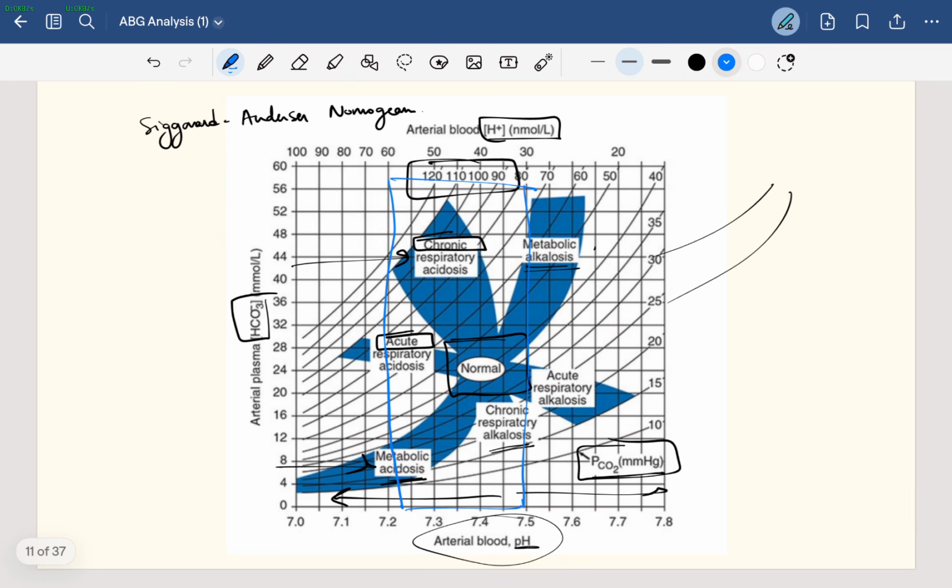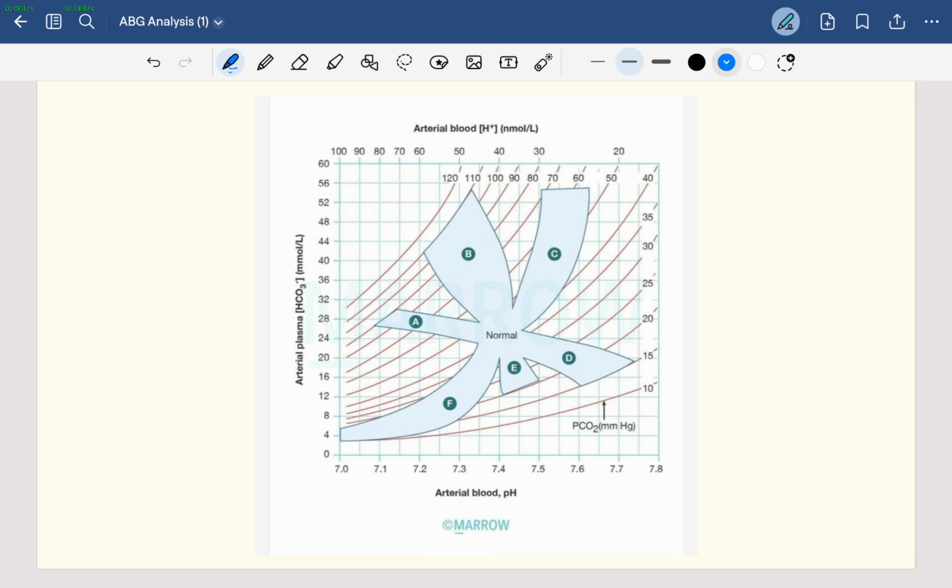So at the end of compensation, there's very little left for the body to compensate for, and it's falling very close to the normal range. Whereas look at acute respiratory acidosis and alkalosis, they're falling way beyond normal. That's because the body hasn't had time to respond and adequately buffer out. So that's the trick you have to look at in answering questions related to the nomogram.